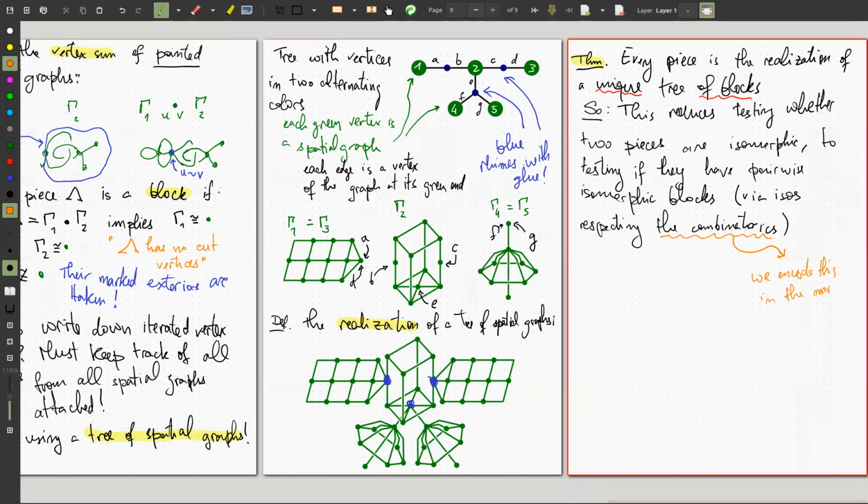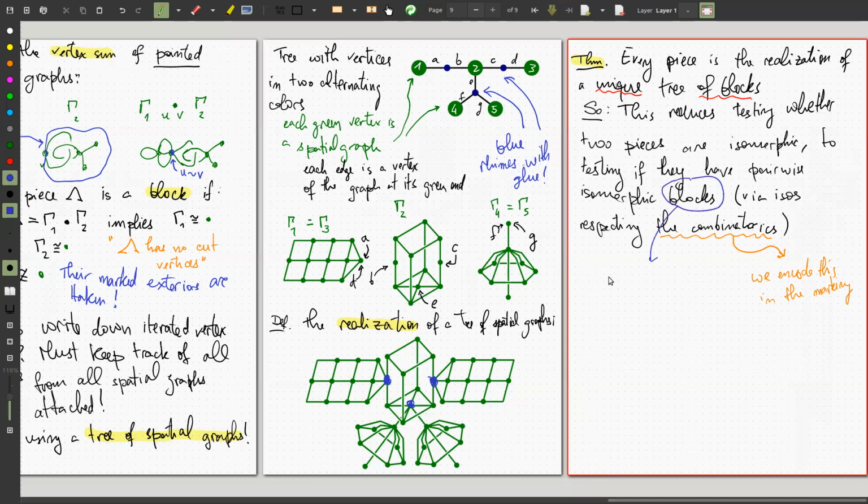And of course, the point of the blocks is that Matveev applies. And so that's how we have a proof that you can algorithmically distinguish spatial graphs.